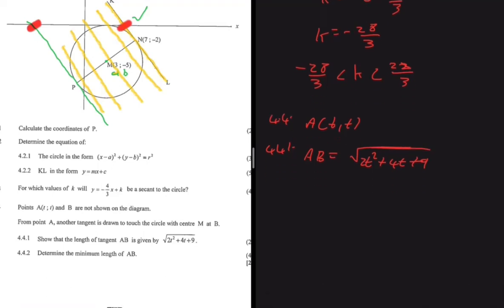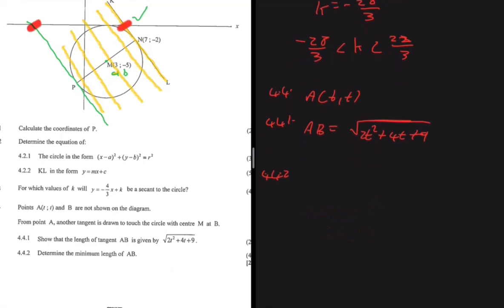But still, let's do 4.4.2. This is very similar to that question that was saying let's find the minimum distance between f equals x squared and that coordinate, I think it was like 10 and 2. But anyway, let's solve the problem we have. The problem here is to determine the minimum length of AB.